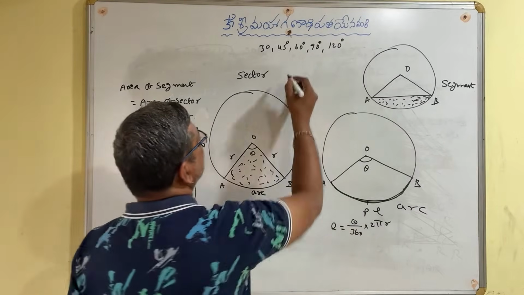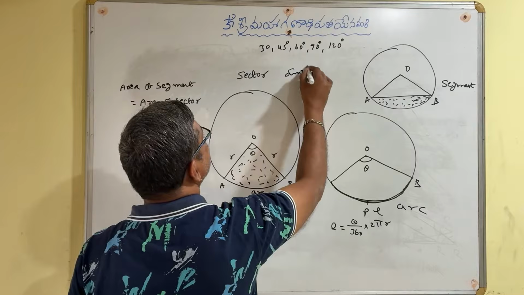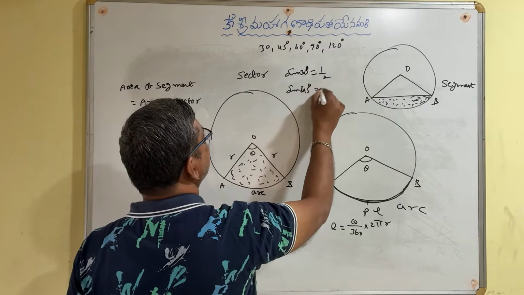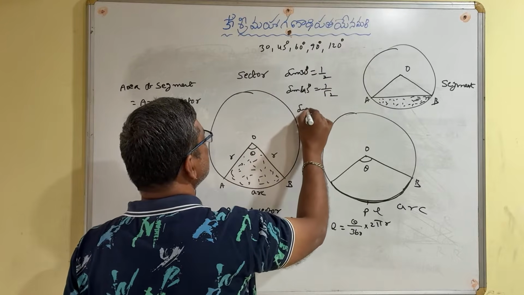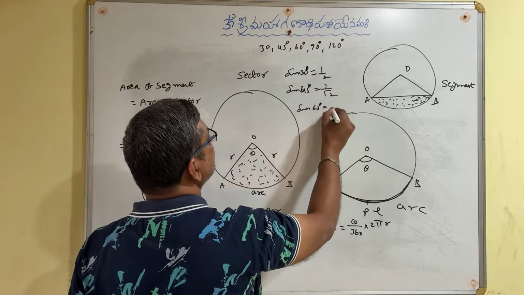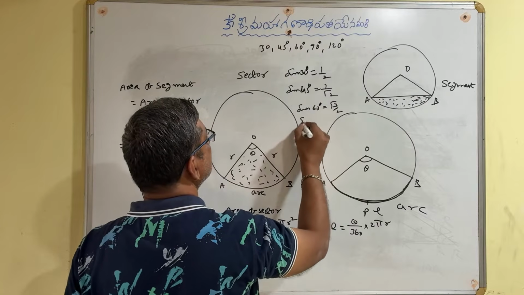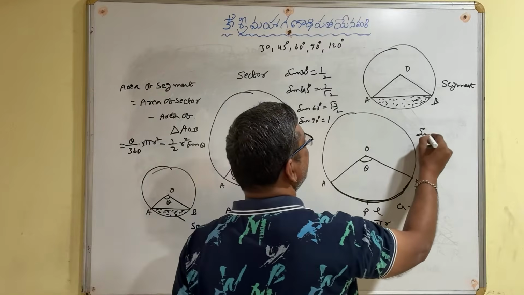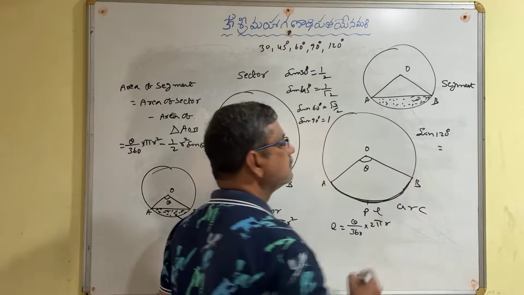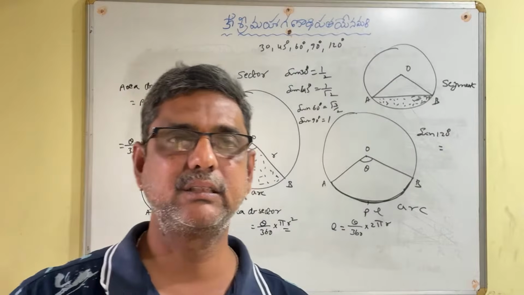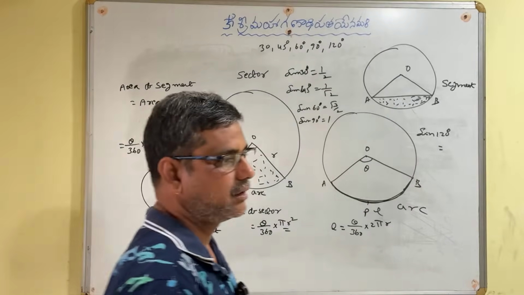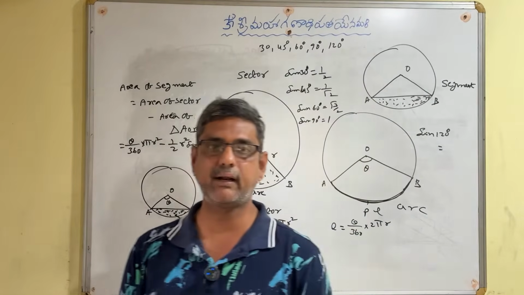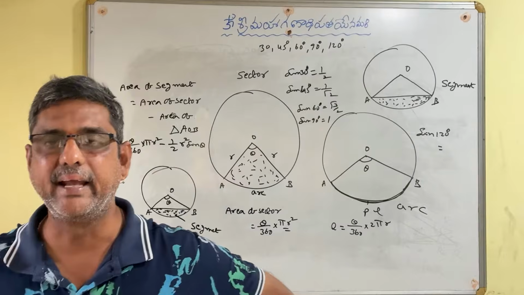But we know sine 30 degrees is 1 by 2, sine 45 degrees is 1 by root 2, sine 60 degrees is root 3 by 2, sine 90 degrees is 1. Then what is sine 120 degrees? We don't know it. And I told you in the trigonometry class that you have trigonometry up to 90 degrees only.